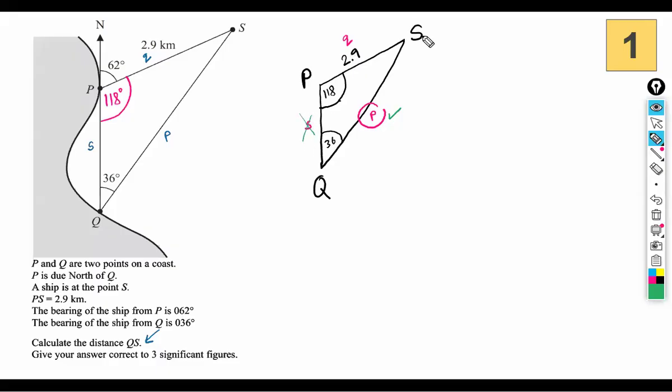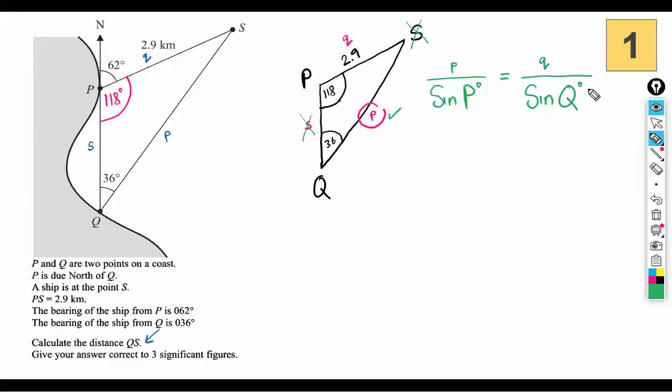The S. They don't even want us to find S, and they aren't giving any information on S. So I hope this is the formula you all started off with. Common letters go on top. Common P divided by sine capital P is equal to common Q divided by sine capital Q.